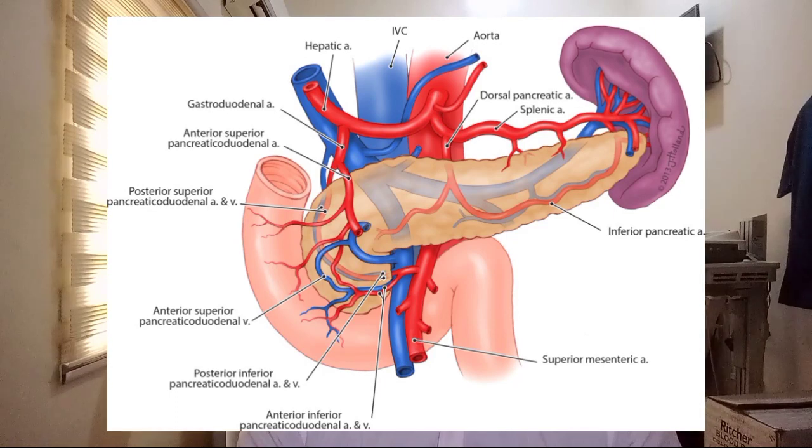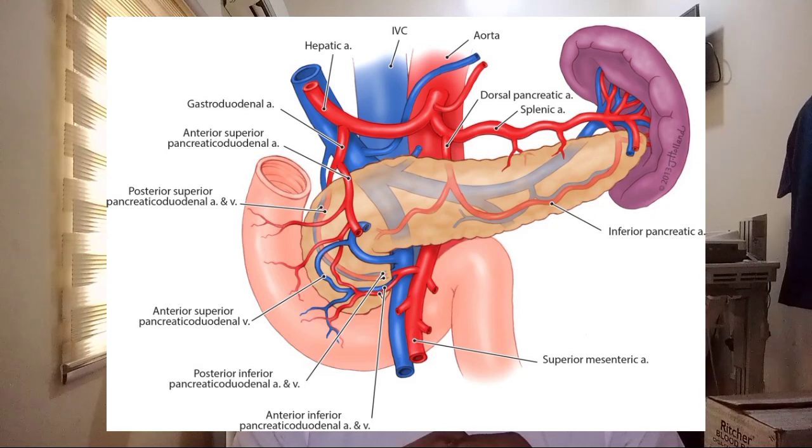The common bile duct, as a landmark, arises in the hepatoduodenal ligament from the union of the common hepatic duct and the cystic duct. It is located anterolateral to the main portal vein and courses inferiorly towards the head of the pancreas.